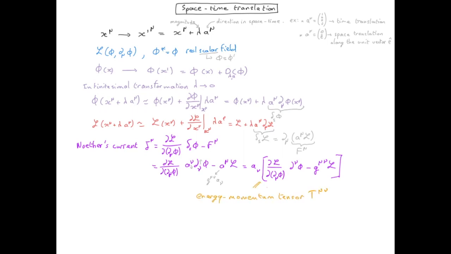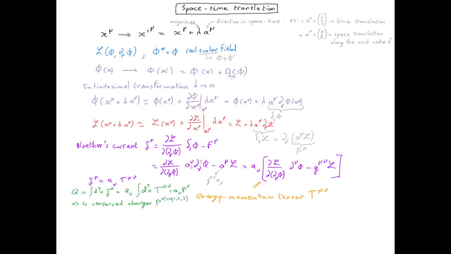So we see that our conserved Noether's current J mu is A nu times this energy momentum tensor T mu nu. But again, we can choose A in any of the four directions in space-time we want. So we have, in fact, four conserved charges defined for different values of nu equals 0, 1, 2, or 3.